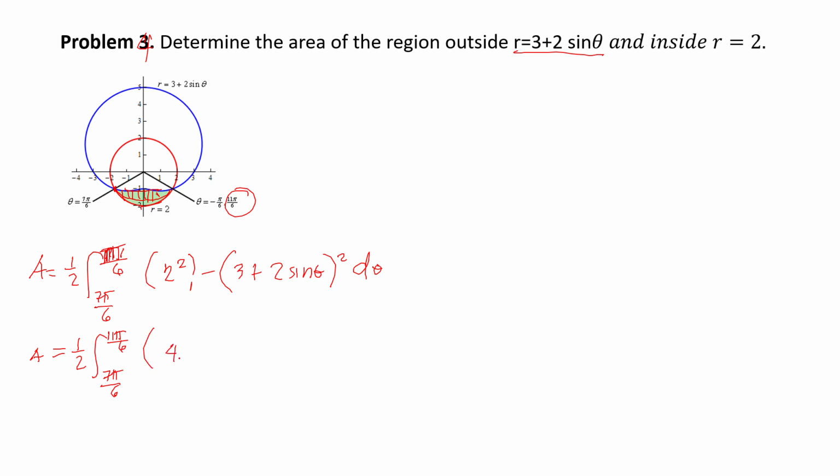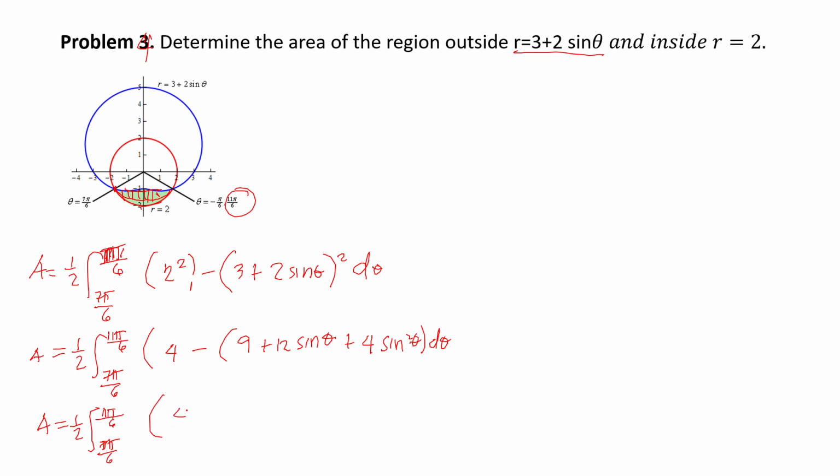This will become 4 minus (9 plus 12 sine theta plus 4 sine squared theta) d theta. Then after, we are going to simplify 1/2 integral from 7 pi over 6 to 11 pi over 6.